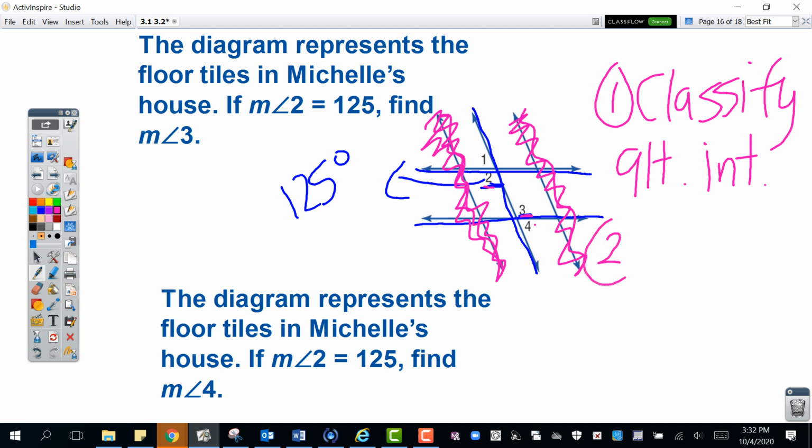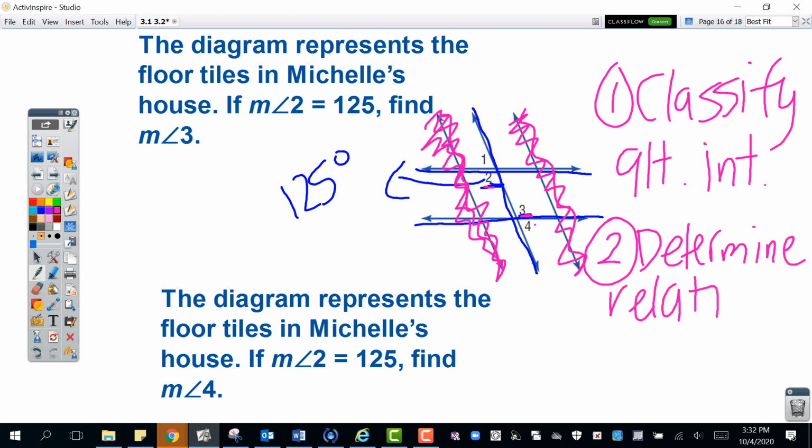Then go to your T-chart, and you're going to determine the relationship. All right, so now I look at my T-chart, and I see that alternate interior angles are congruent to each other. Therefore, if angle 2 is 125 degrees, I know that the measure of angle 3 is also 125 degrees. All right, so that was not too bad.